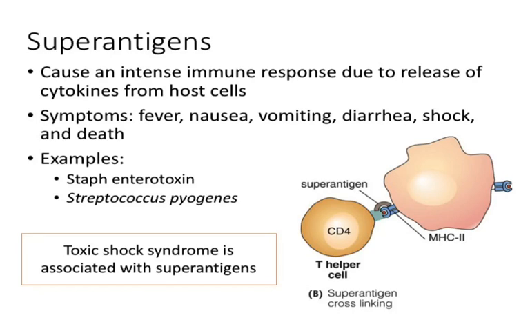Superantigens are molecules that actually stabilize the interaction between the T cell receptor and MHC2. What did we say about T cell receptor? Does it recognize a specific epitope or antigen, or does it recognize a general pattern? It is specific.